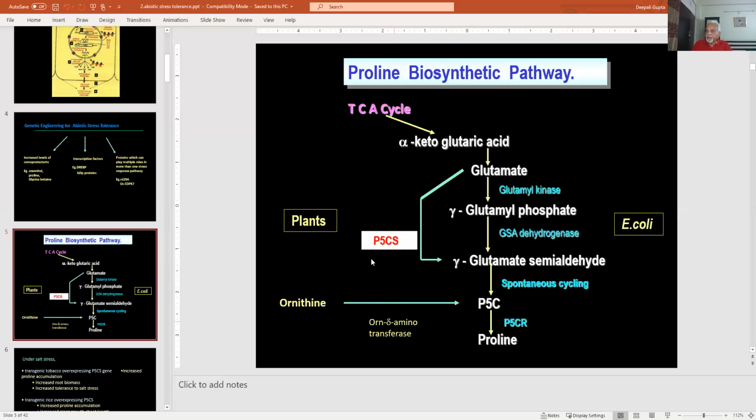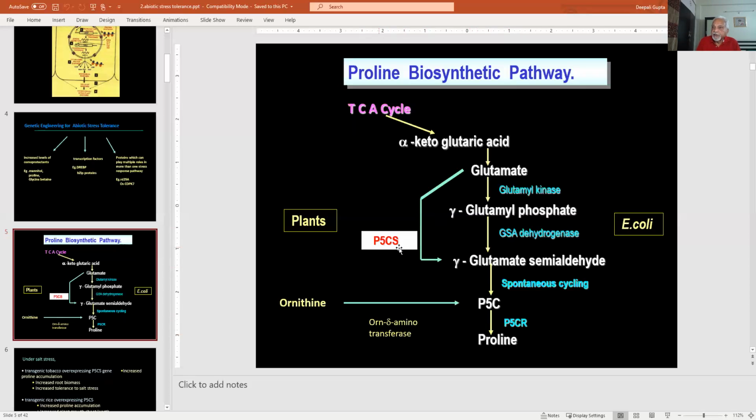Now, all three genes were tested in transgenic tobacco plants to check which one, if you overexpress it, leads to conferring tolerance against abiotic stress, like salt stress or osmotic stress. So the conclusion of these studies is that it is P5CS, the key enzyme responsible for overproduction of proline under stress conditions.